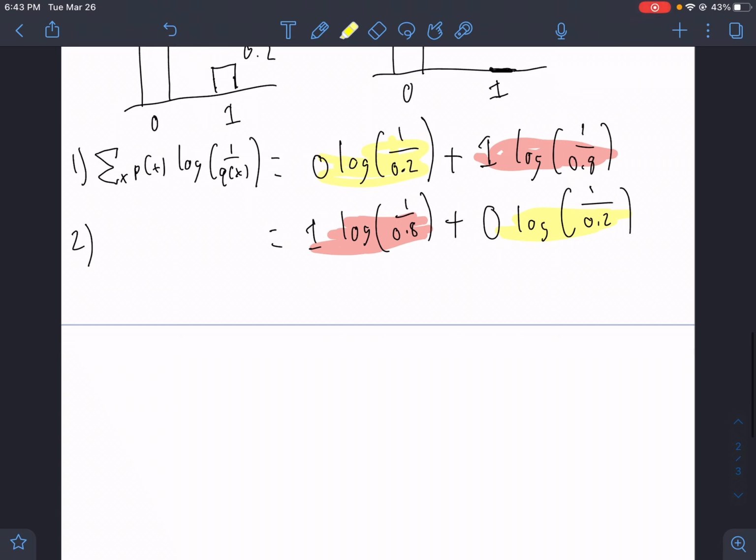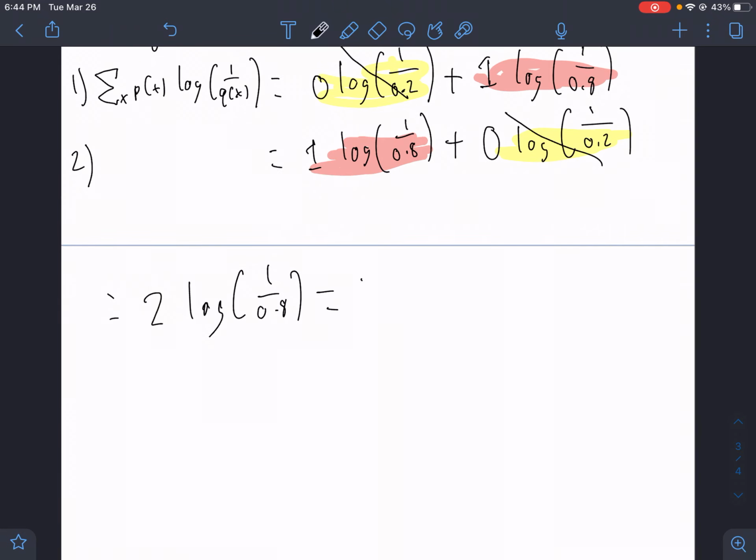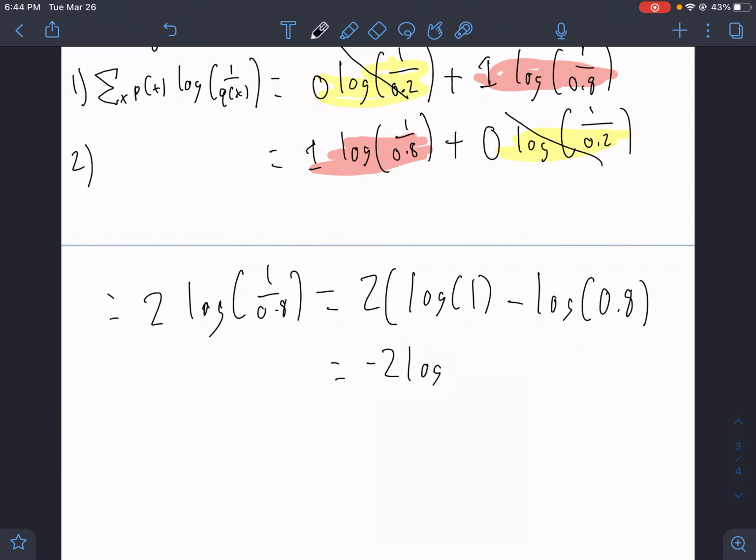So we can just add them up, and because these are also 0, we can just cross them out. We can just do 2 log 1 over 0.8. From here, it's hard to simplify. We could do 2 log 1 minus log 0.8, or just negative 2 log 0.8. That's totally fine, and this would probably be the simplest form of the answer that we can give.